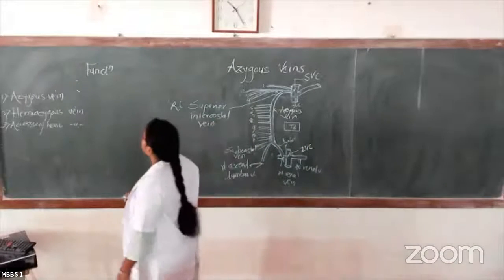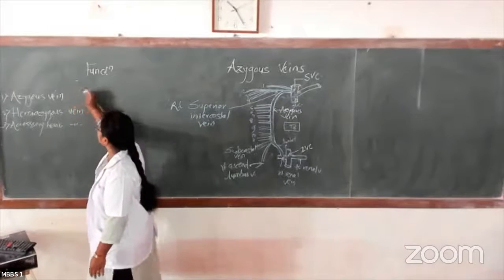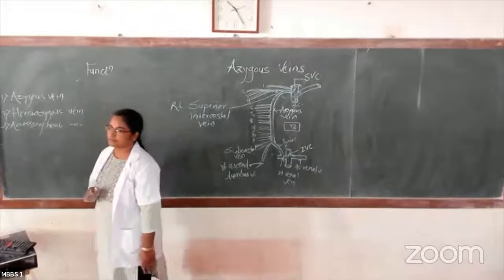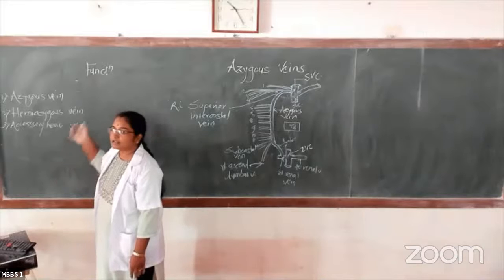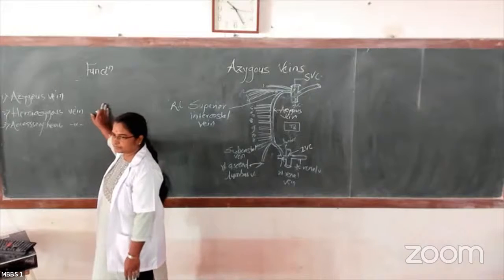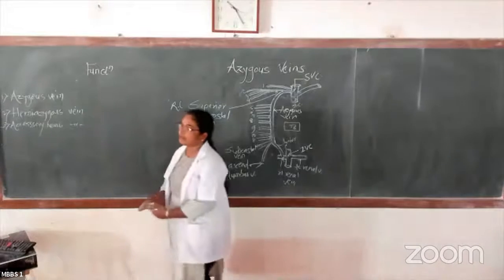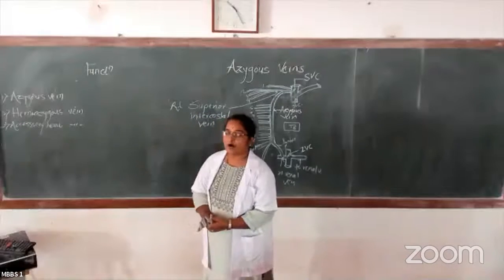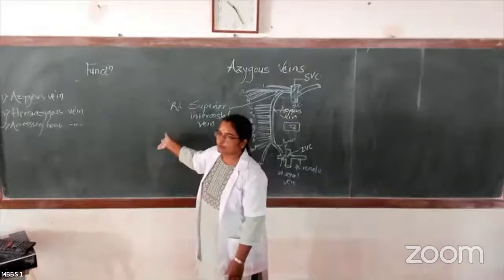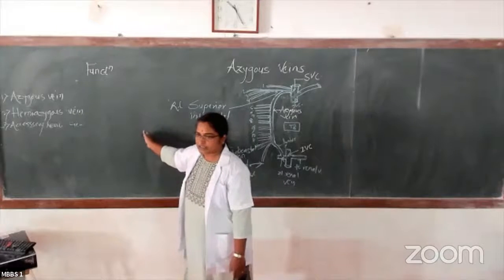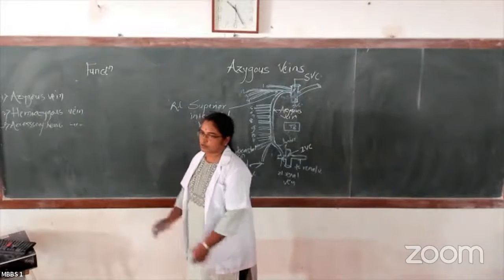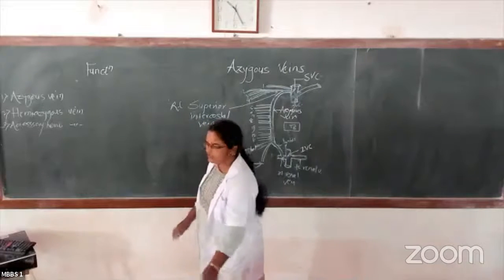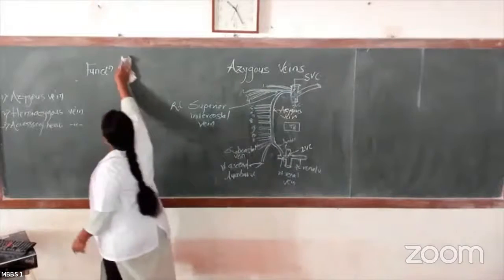This azygous vein drains most of the blood from the back, thoracic wall and abdominal wall. Again, whenever there is obstruction of the superior vena cava or inferior vena cava, it also forms a collateral channel. So these are some of the functions of this azygous vein.